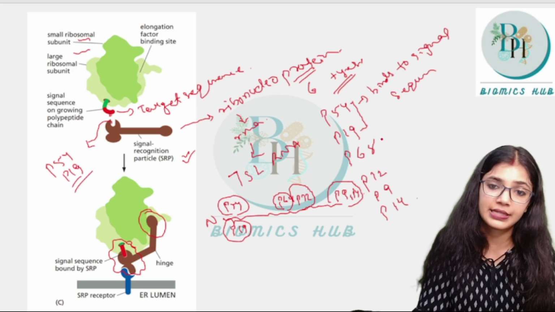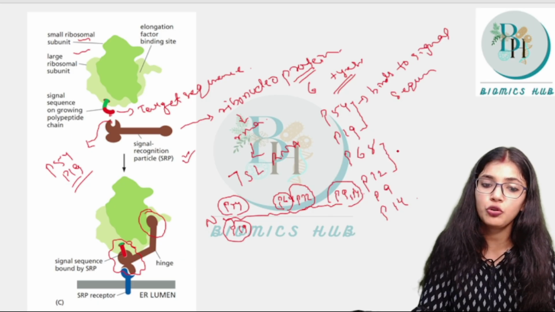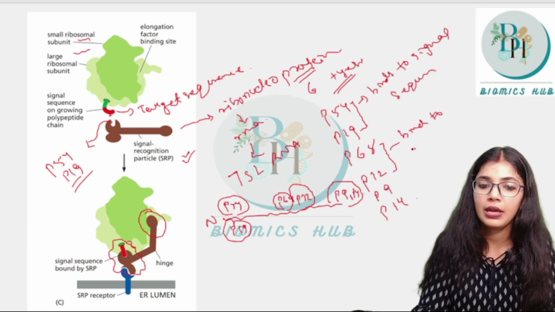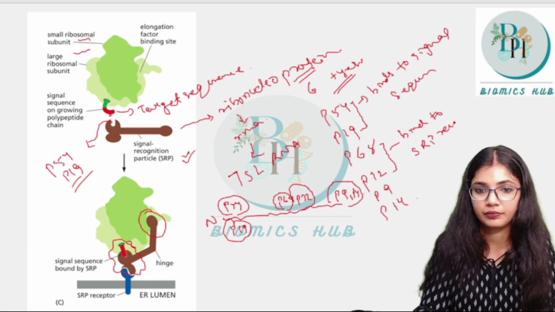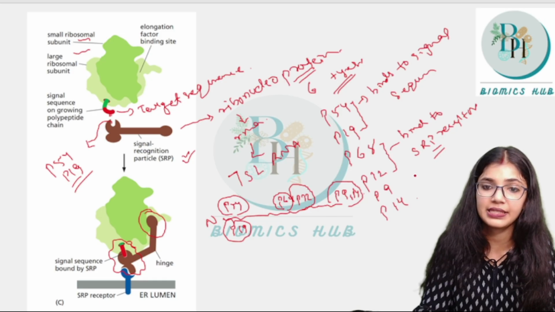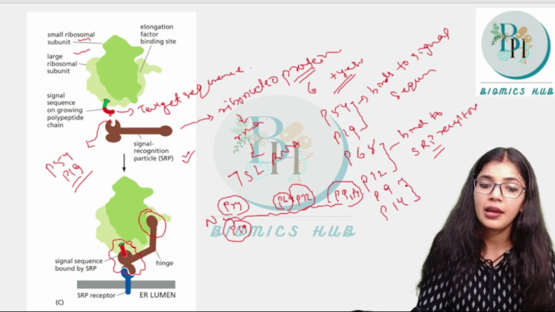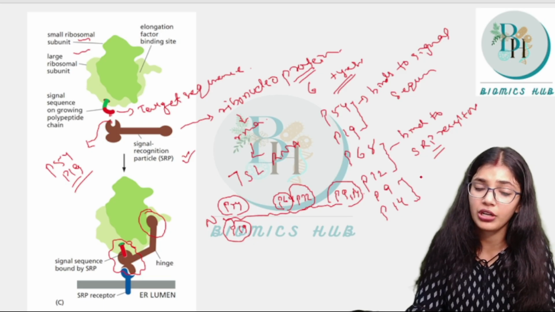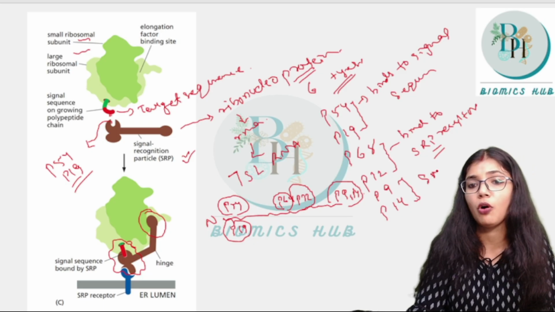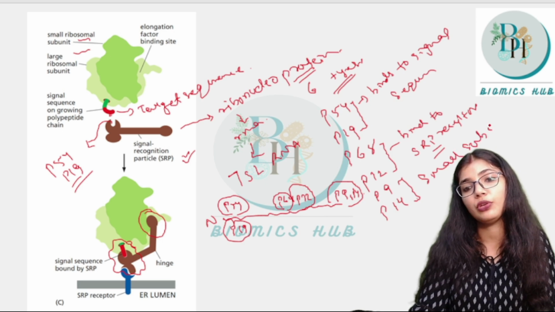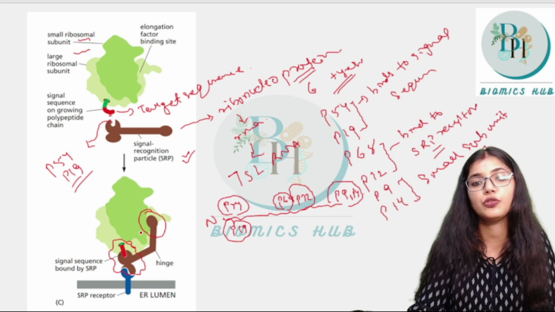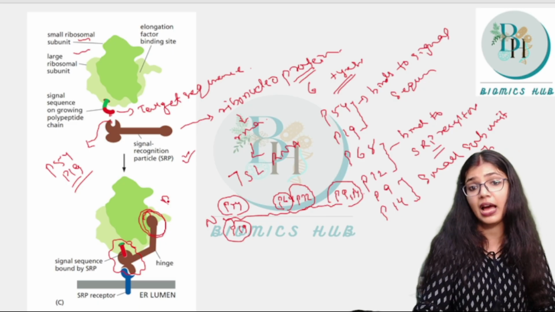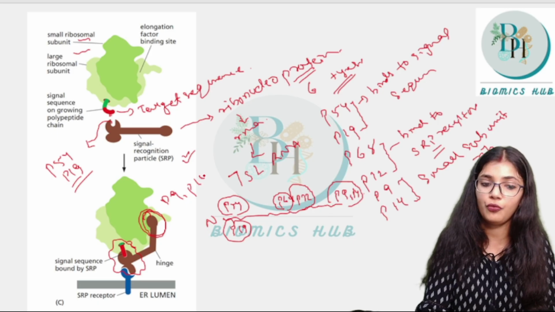Next, the P68 and P72 proteins bind to the SRP receptor. This is the receptor where it binds. The next are P9 and P14.